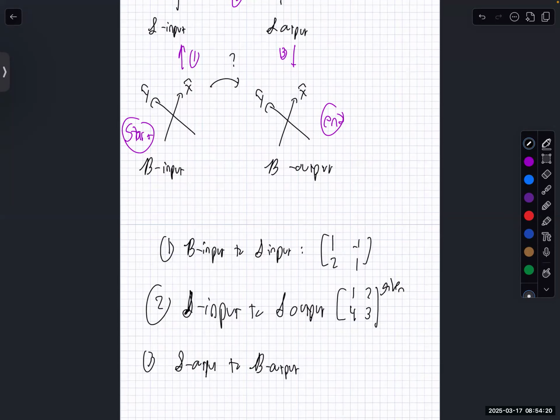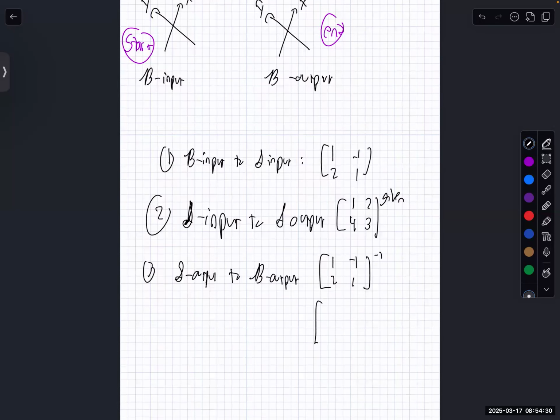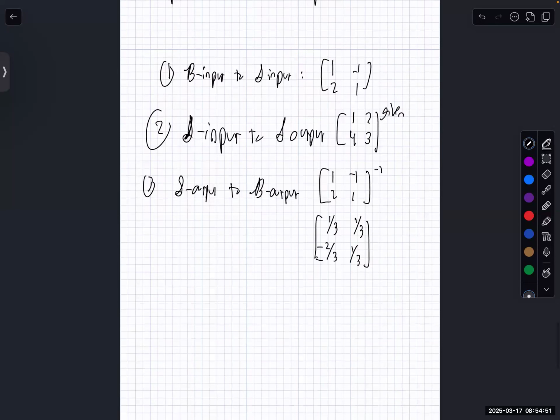And then standard output to B output is the inverse of this matrix. Let's see, 1/3, is that right? 1 + 2, yeah, 1/3. Let's see, -2/3, 1/3, 1/3. Put the 3 together.